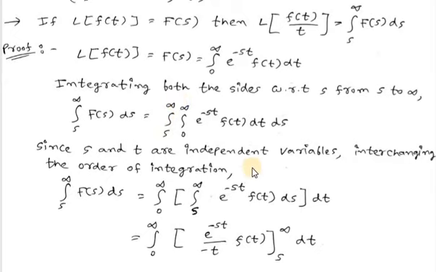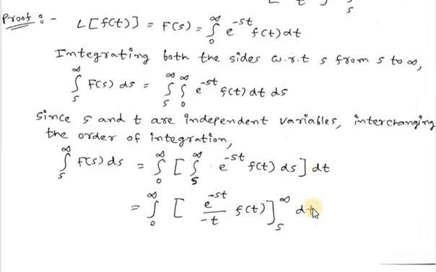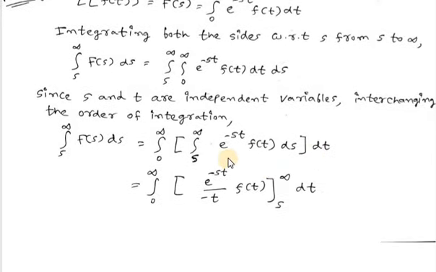Here s and t are independent variables, so we can interchange the order of integration. The left hand side will be as it is, and that equals, first of all, integration from 0 to infinity, then integration from s to infinity of e raised to minus st f of t ds, and then dt. First we will integrate e raised to minus st f of t with respect to s.